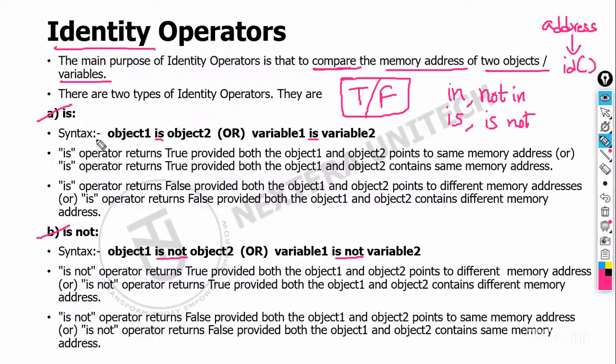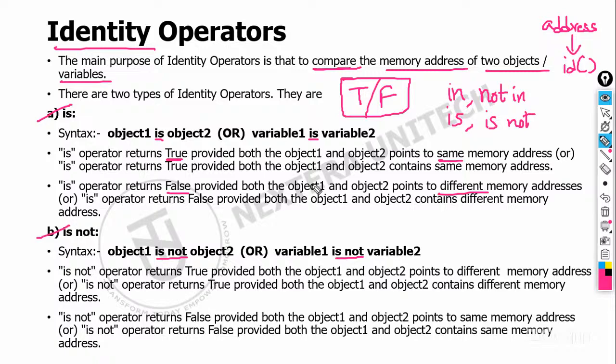Coming to the point: when does the is operator return true? When both objects point to the same address in memory, the is operator will return true. When does it return false? If both objects don't point to the same address, the output will be false. Same address, true.